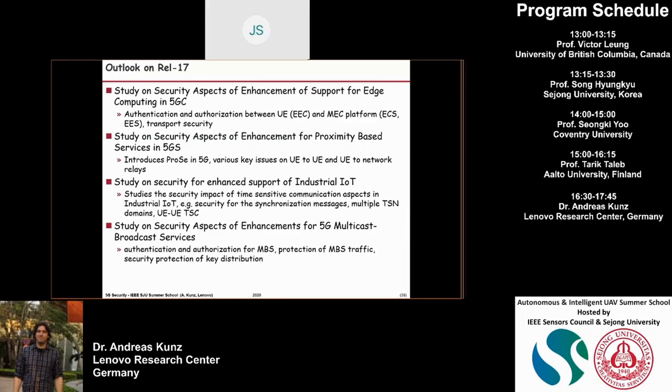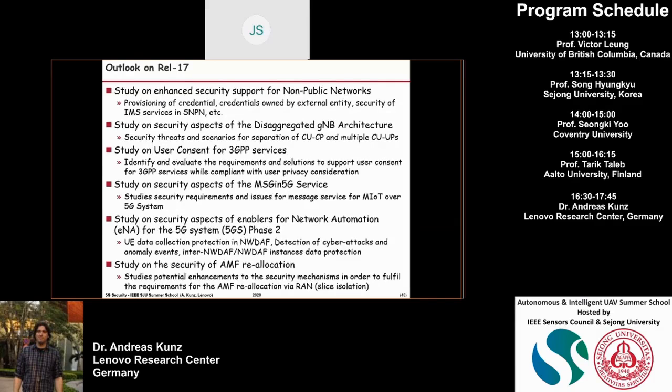And last but not least, we have some other new studies on non-public networks, where it's looking at provisioning of credentials owned by an external identity, security of the IMS services, SNPN, potentially onboarding to an SNPN, a standalone non-public network, and things like this.